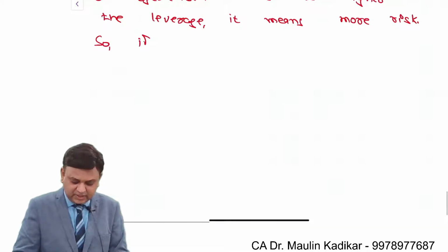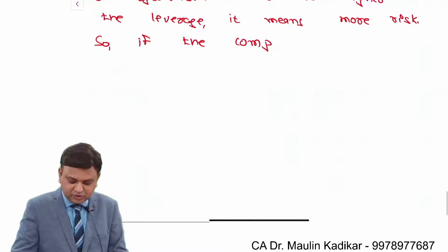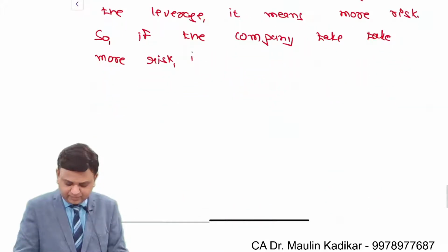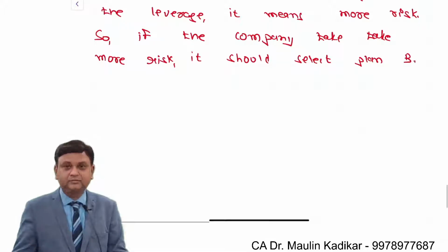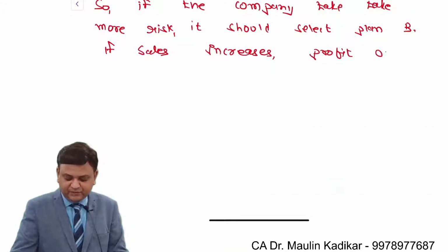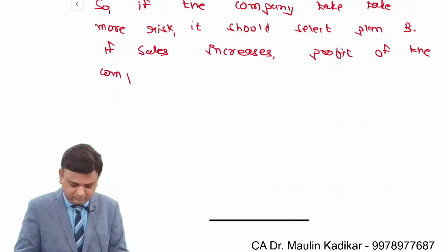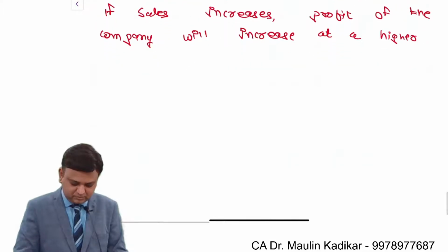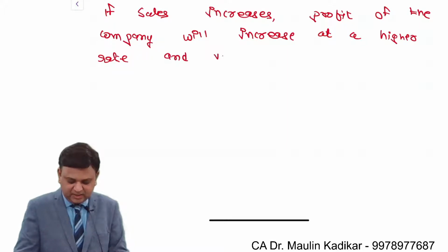So if the company wants to take more risk, it should select plan B. If sales increases, the profit of the company will increase at a higher rate, and vice versa.